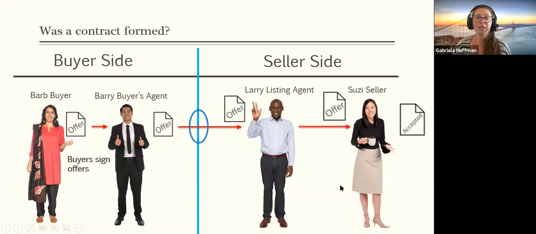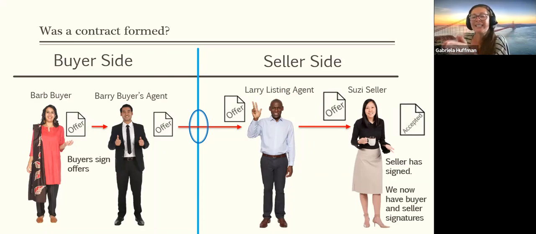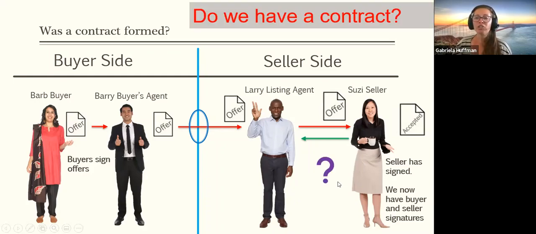Susie has accepted it. What does that mean? She has signed it. So at this point, we have buyer signatures and seller signatures, but we're not there yet because remember, two things have to occur: acceptance and communication. So we're waiting for that last thing to happen. So Susie, seller, gives it back to Larry, listing agent. So the question is, do we have a contract?